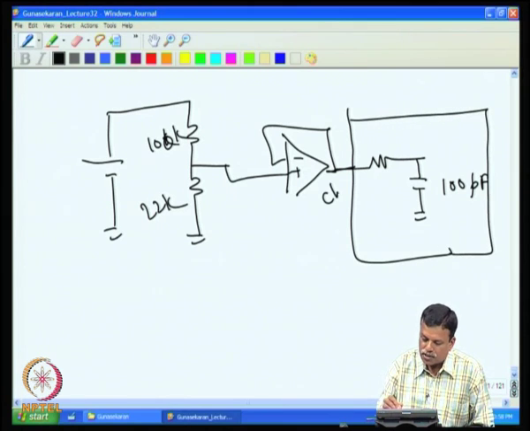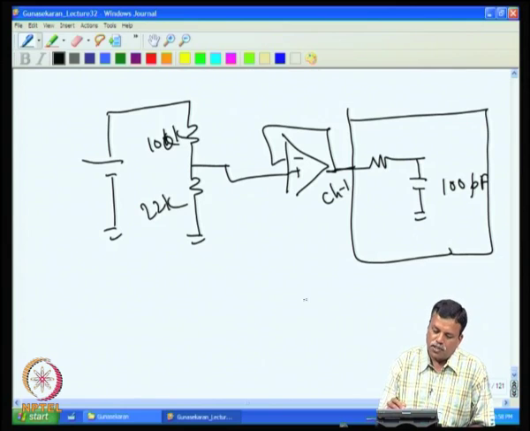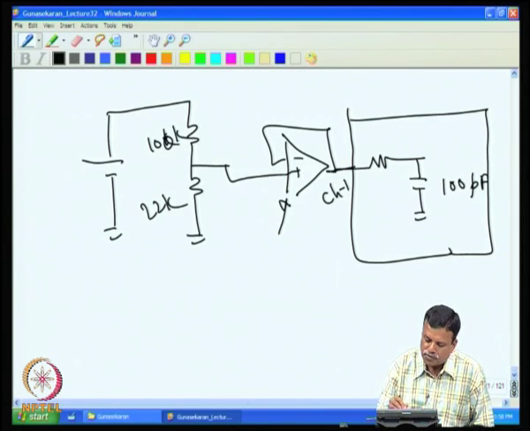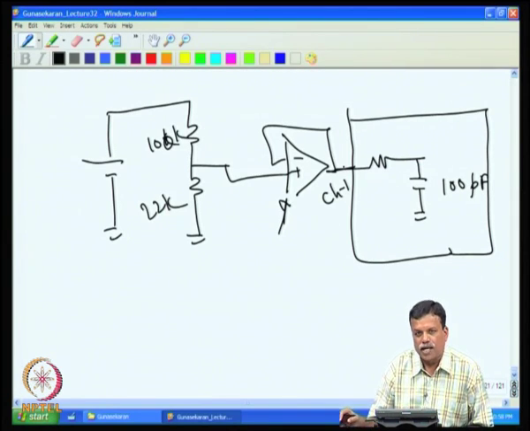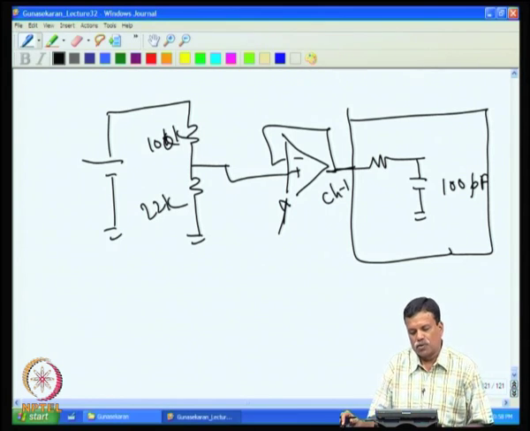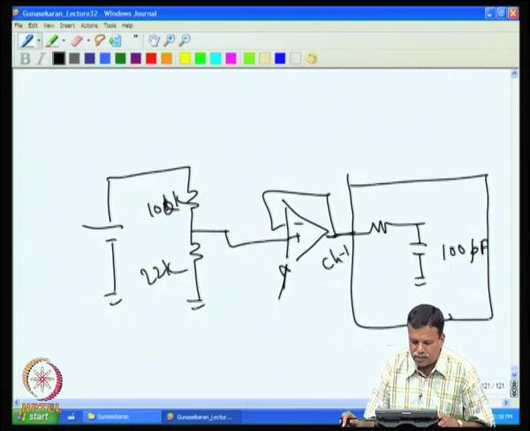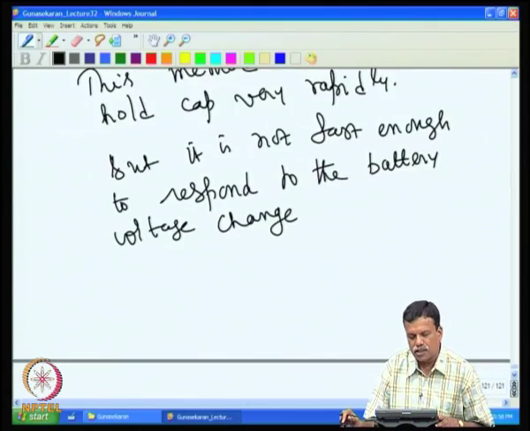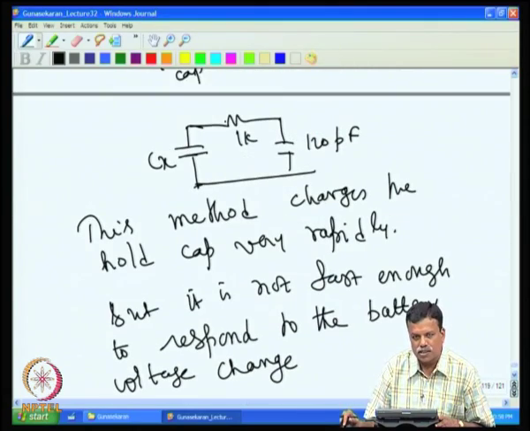The voltage follower gives a very low output impedance and preserves the voltage, and this works extremely well and reduces the charging time enormously. So, practically this is one possible way of reducing the hold time.